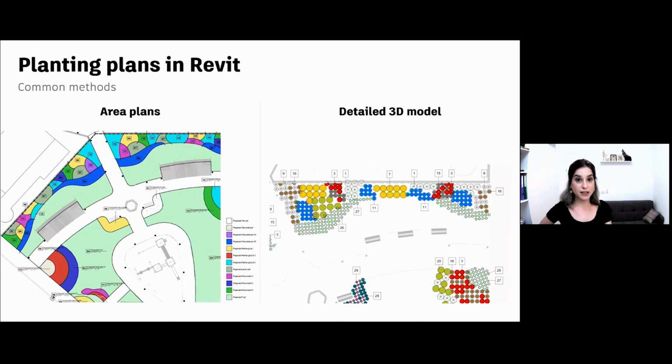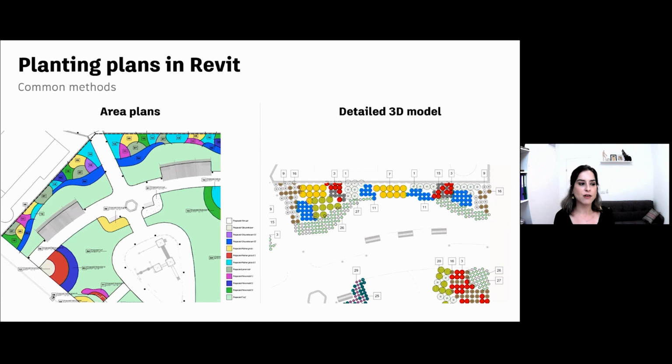It creates automatic schedules. And in this example over here, all we had to do is add a shared parameter of density for each planting type. And then our tag automatically calculates the amount of plants we need to put in every little area. So Revit alone streamlines the entire process of planning plantings.